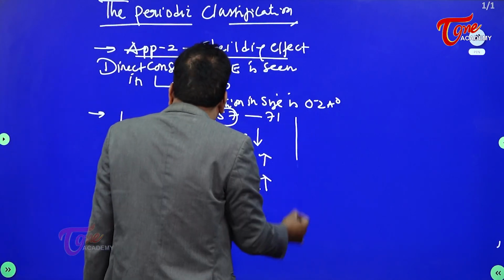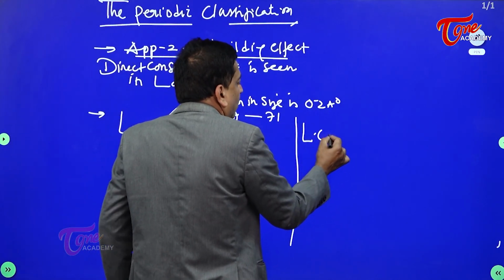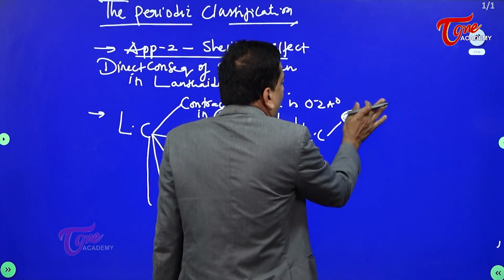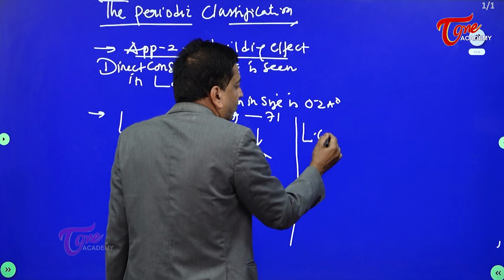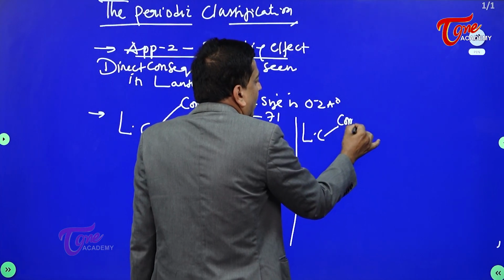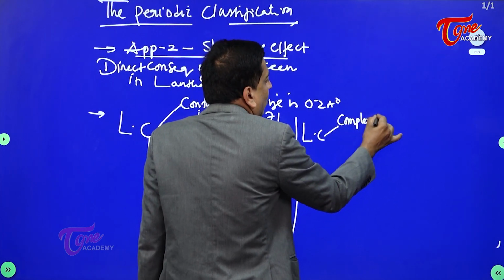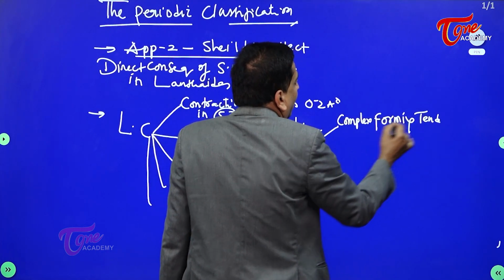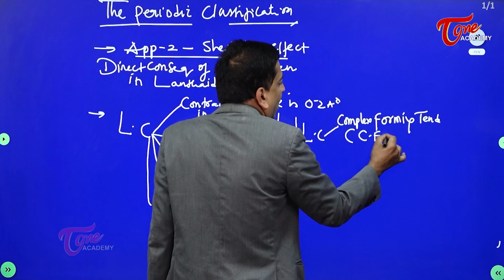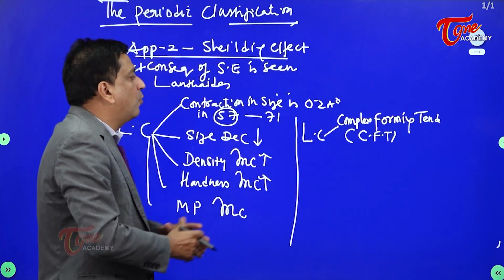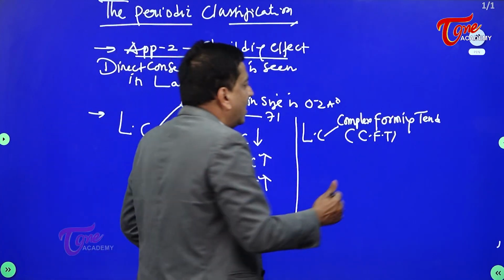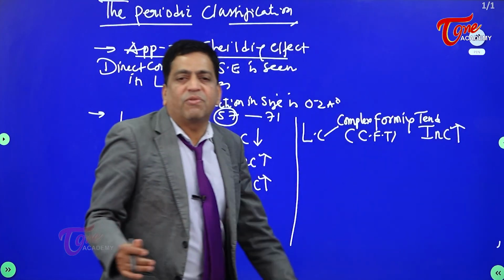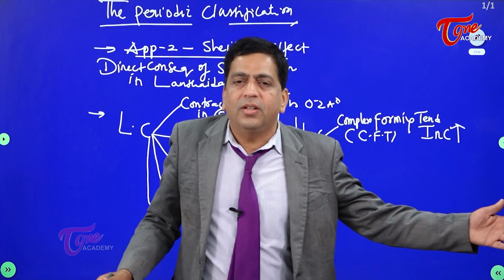And I continue to write for lanthanide contraction, the complex forming tendency, CFT. The complex forming tendency, the CFT, increases from lanthanum to lutetium.